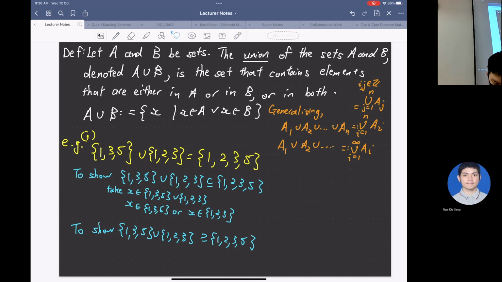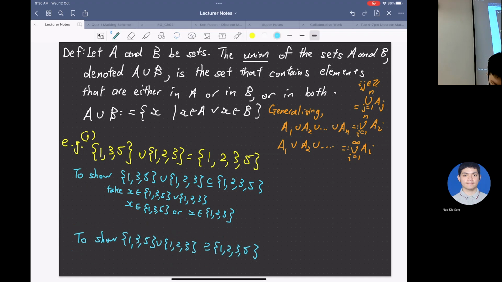A bit tedious, but in general, this is how you show it. If x is in {1, 3, 5}, then x equals 1, 3, or 5. If x is in {1, 2, 3}, then x equals 1, 2, or 3.